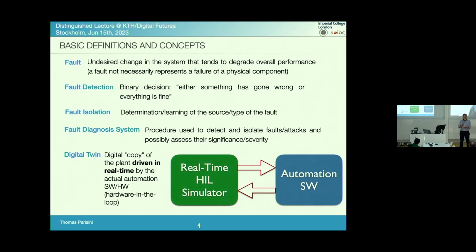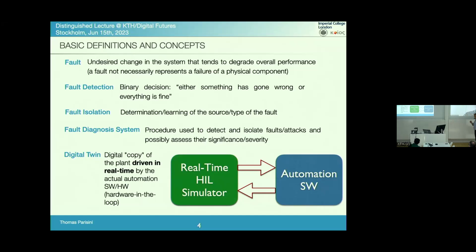However, the simulator should be connected in hard real time with a true automation system. Here is where you have PLCs and all this kind of control hardware. The inputs and outputs should go in hard real time, so that you basically unplug the automation and plug it into the simulator. That is the idea.